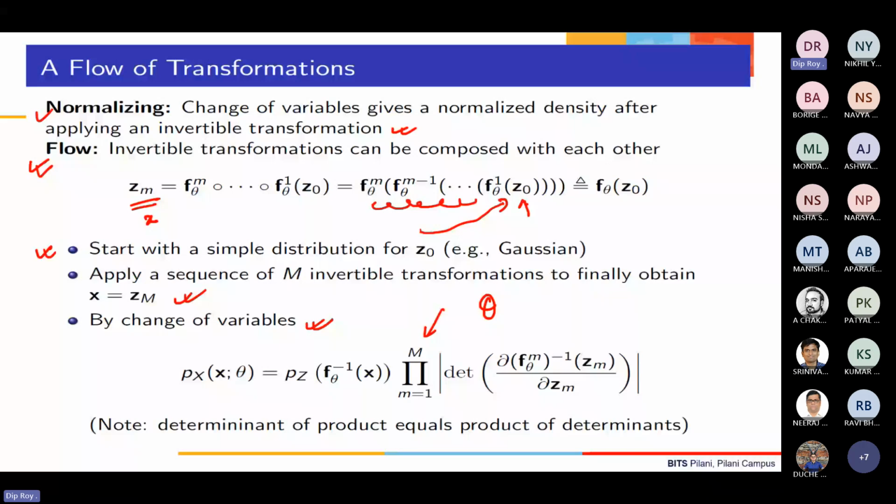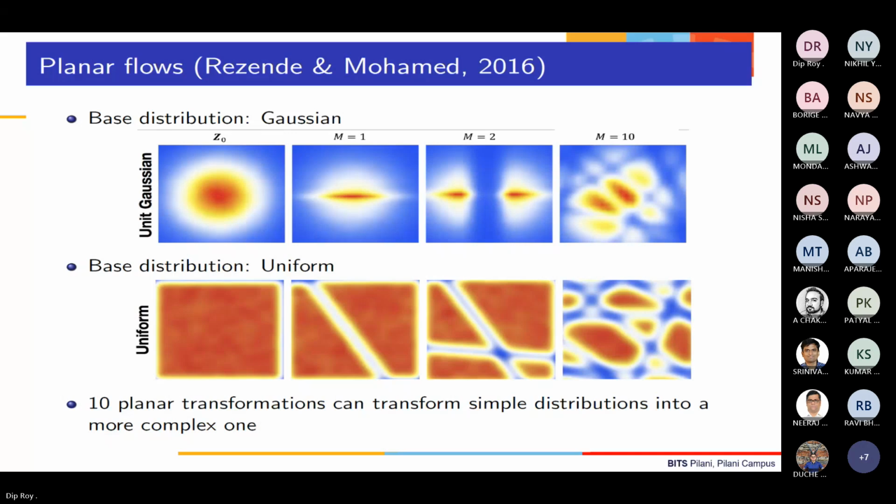So what we are doing is taking invertible functions and stacking them together and then using the change of variable formula to get access to the likelihood and train the model. This is just a simple visual representation. These are called planar flows. Planar flows essentially transform, and map a point from a 2D plane to another.